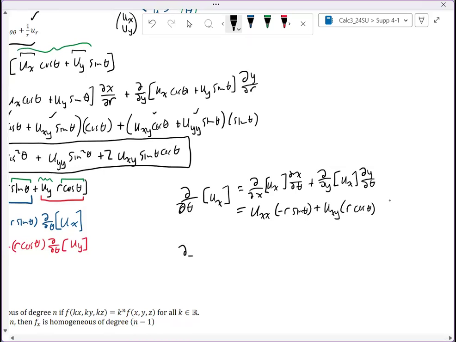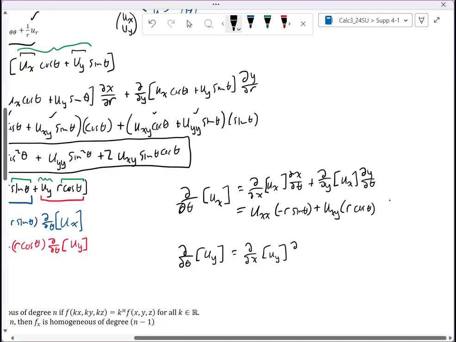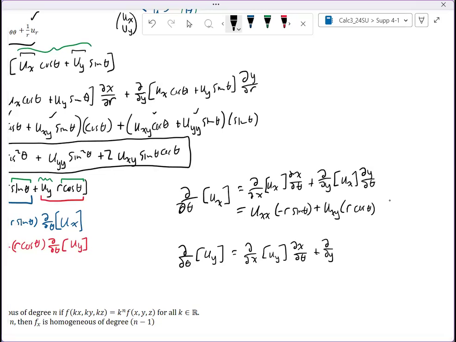And what's partial with respect to theta of uy? Well, it's going to be pretty similar, right? Uy depends on x and y, and through those on theta. So it's partial with respect to x of uy, partial of x with respect to theta, plus partial with respect to y of uy, partial of y with respect to theta.